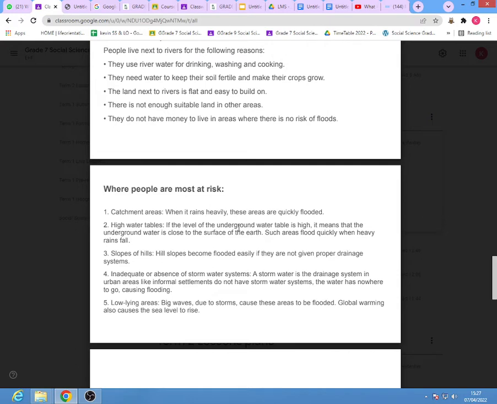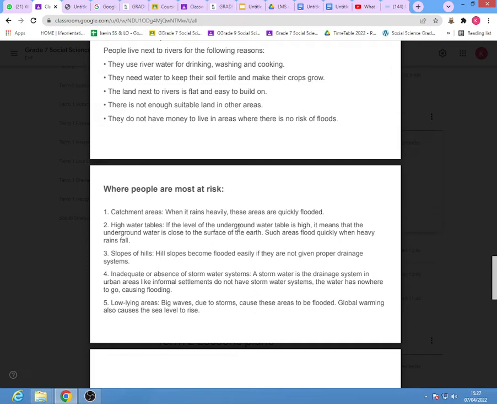Slopes of the hills. Hill slopes become flooded easily if they're not given proper drainage systems, right? And then inadequate or absence of storm water systems. If the area that you're living in doesn't have a proper drainage system to take away the extra water that would have rained, then those areas are going to be flooded.